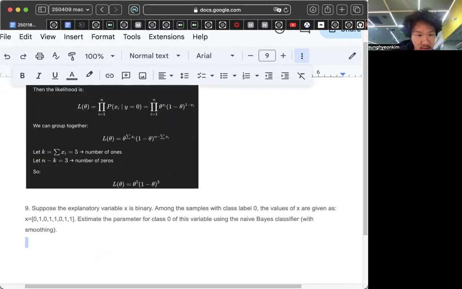And this was the very basic setting of MLE.